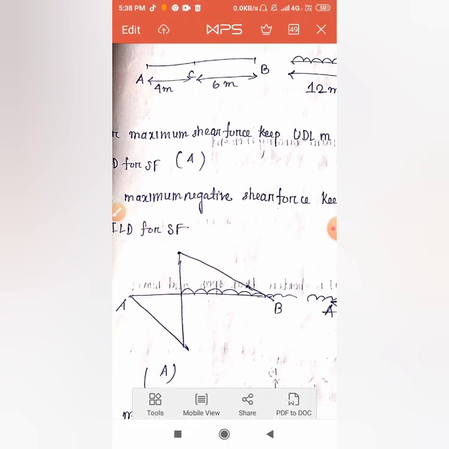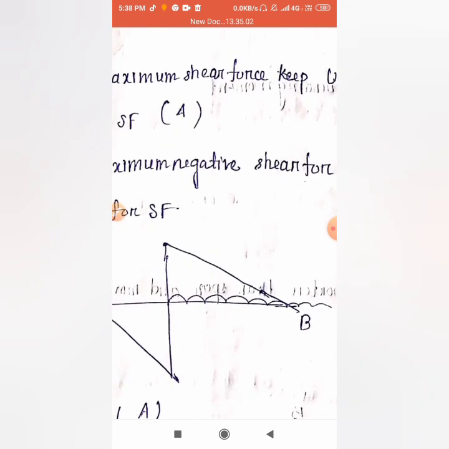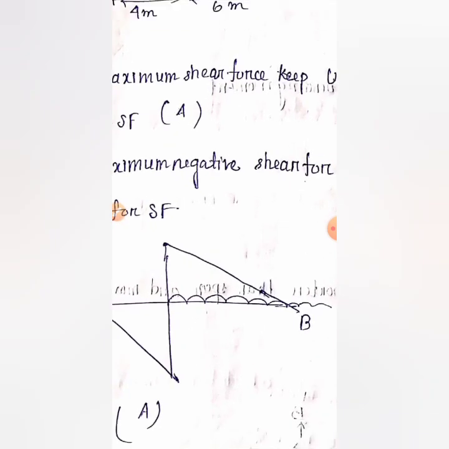So if the UDL is longer than the span, then we will keep the UDL over the positive area. Why? Because the positive area will be completely covered by the UDL, since the UDL is longer than the span. So the area under the UDL will be maximum.